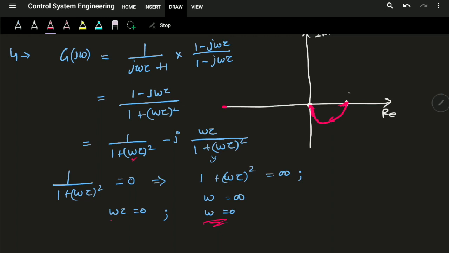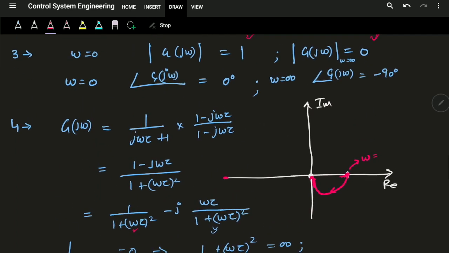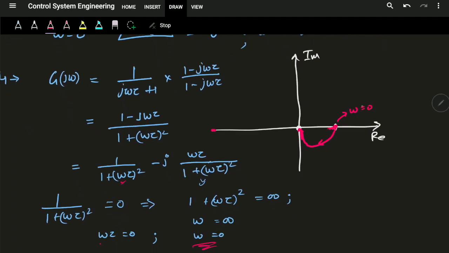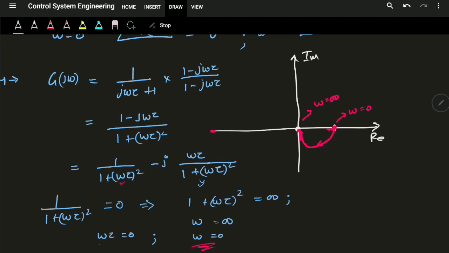The direction will be like this. This is omega equals 0, and this is omega equals infinity. If I mark the angles on these axes, this is 0, minus 90, minus 180 and minus 270. So this is the minus 90 degree axis, and we have the point at minus 90 degrees and a 0 degree point over here.